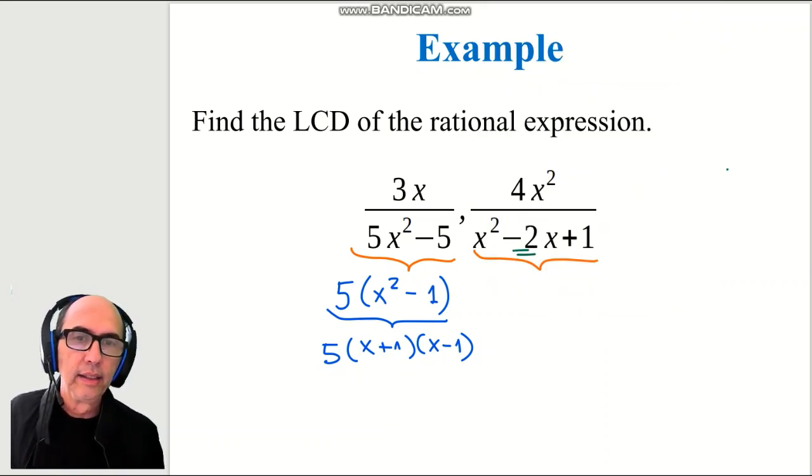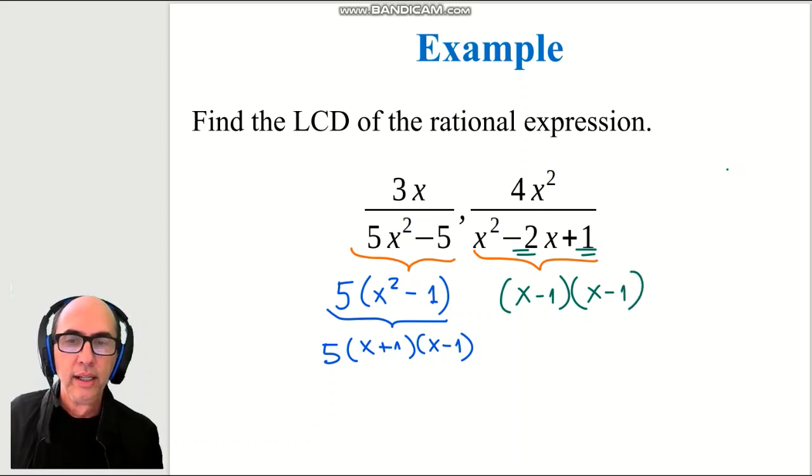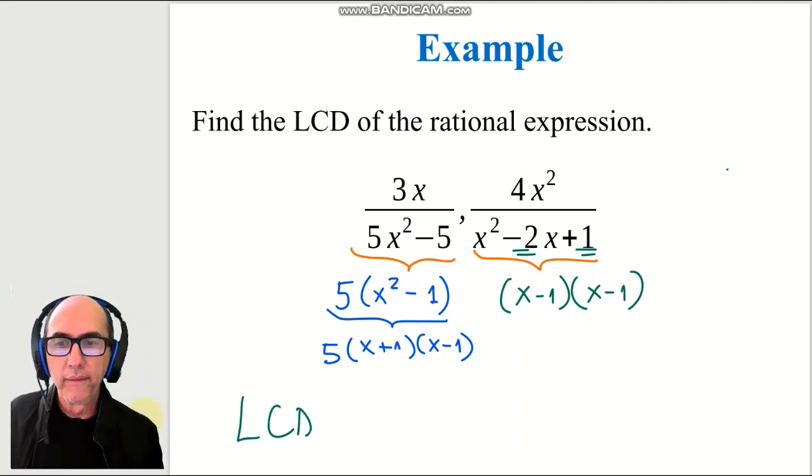Now the next one. Guess. Think about 2 numbers that multiplied equal 1, and if you add, equal negative 2. Well, we can think x minus 1 times x minus 1. Right? Least common denominator.